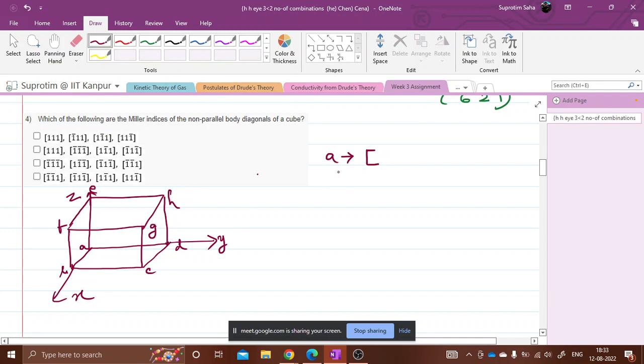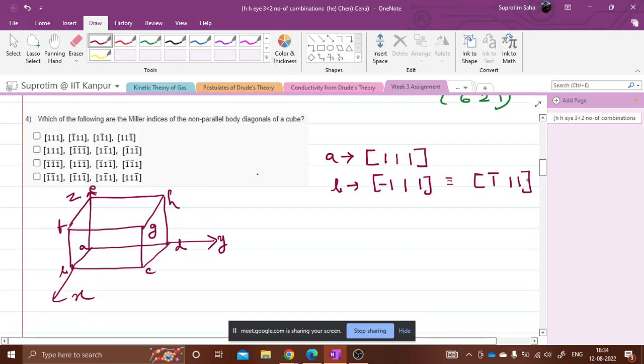So for the A to G diagonal, it is 1, 1, 1, right? For B, if B is the origin, then you have to go to H, right? So you have to go minus 1 in X, plus 1 in Y, and plus 1 in Z. So this is equivalent to 1 bar, 1, 1. All right.